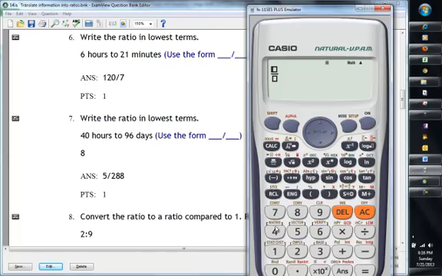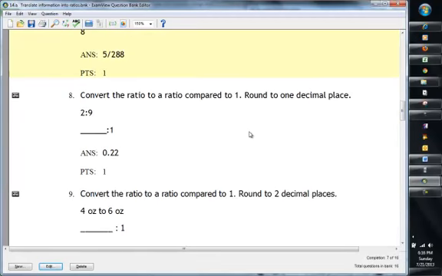Next one, 40 hours to 96 days. 96 days is times 24 hours, gives us 5 to 288.